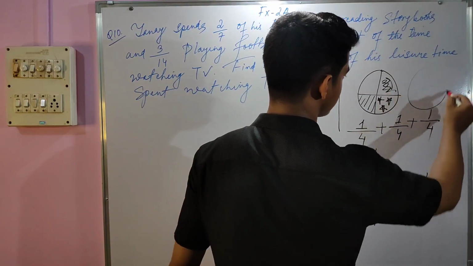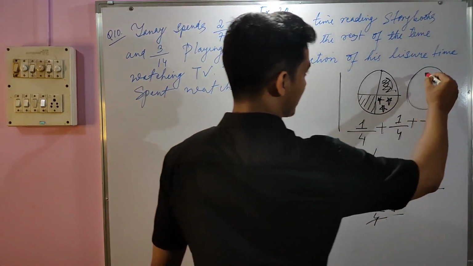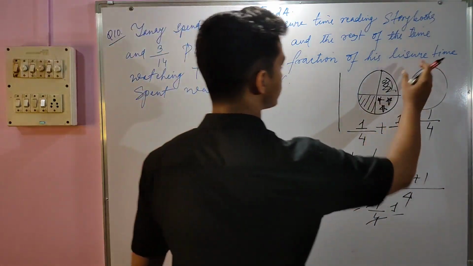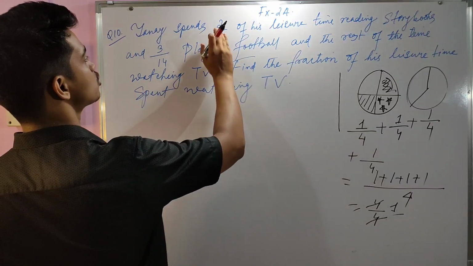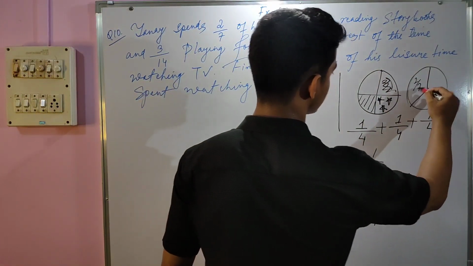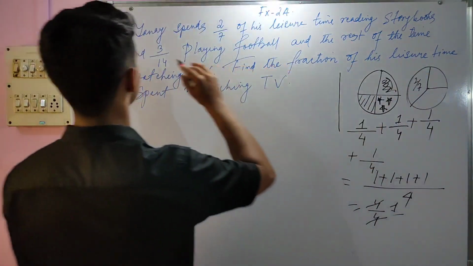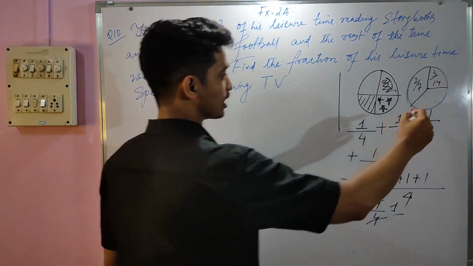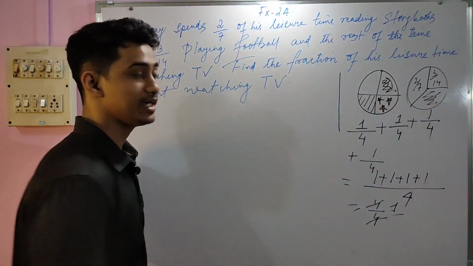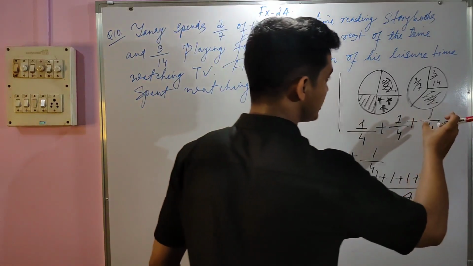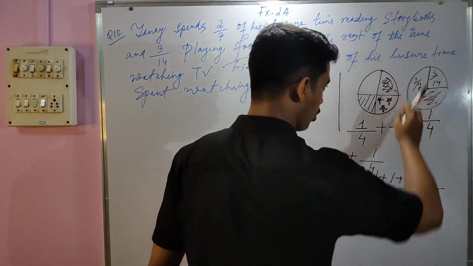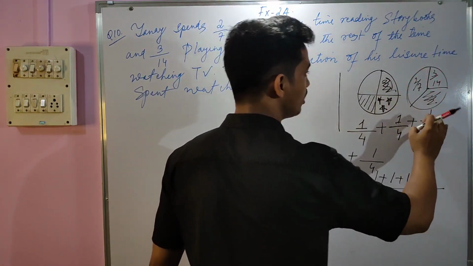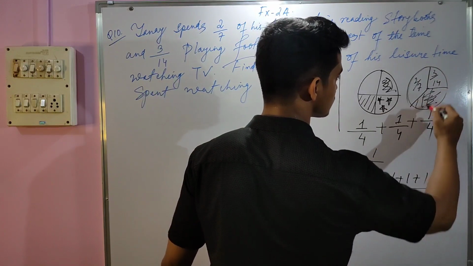Let's say this is our whole time, and he spent 2 by 7 of it reading storybooks, and another part, 3 by 14, playing football. So we have to calculate this remaining part. If I subtract these 2 fractions from the whole, we can find the answer for this particular portion.